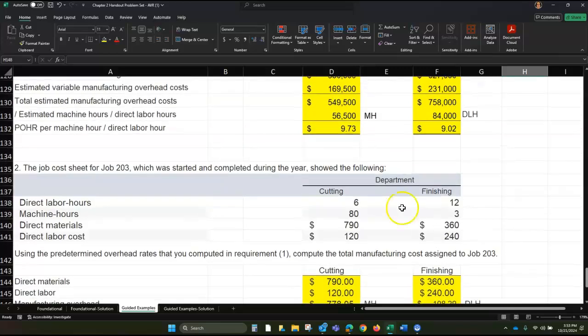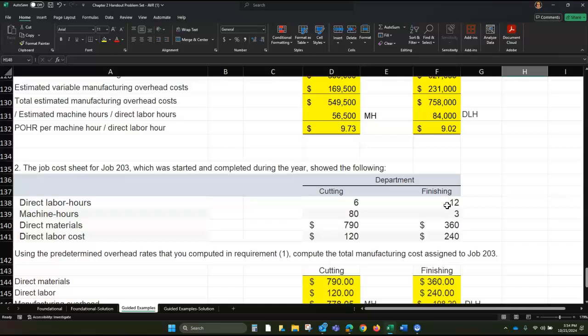When you stop and look at this, look at the direct labor hours in the cutting department for this job, and let's say that this was a typical job. In cutting, we've only got 6 labor hours versus finishing has got 12. If this is a typical job, then if we used a plant-wide rate, we'd always have twice as much overhead being allocated to finishing based on labor versus cutting. You with me?